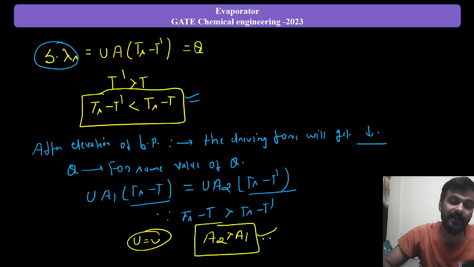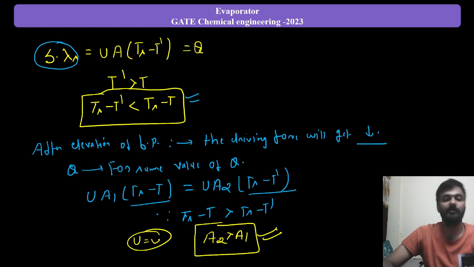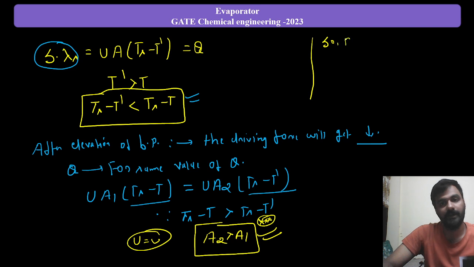Means more area of evaporator will be required for the same amount of water to get evaporated in a single effect evaporator if there is an increase in boiling point. So that is one of the important findings here.